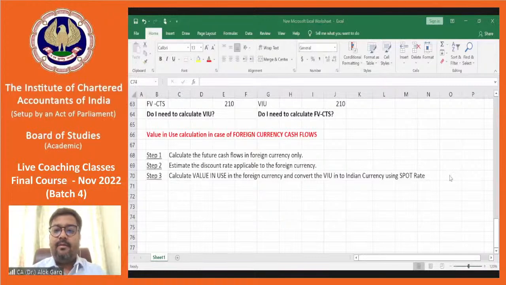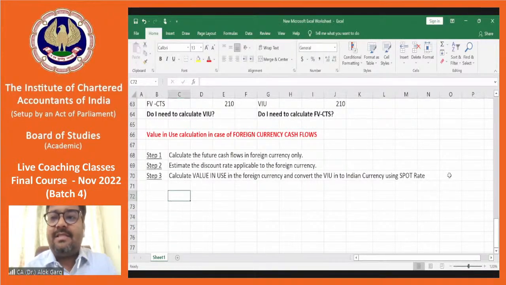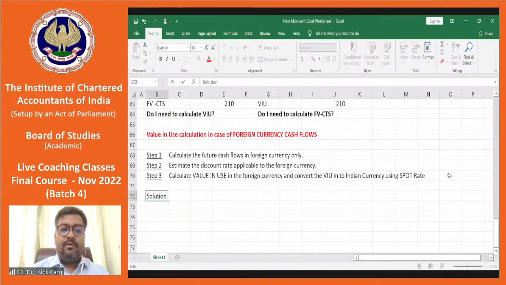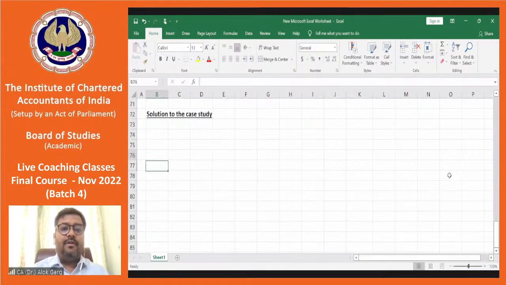Now let's solve this case study. First of all, solution to the case study, right? First of all, I'll write year on the left side. So 3 years were given: 2001 to 2002, 3, and 2003 and 4, right?